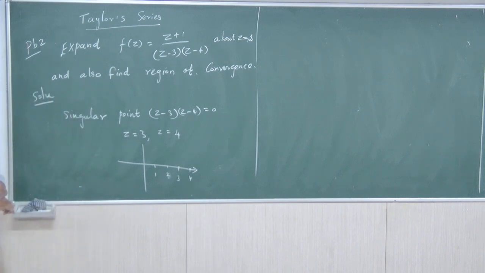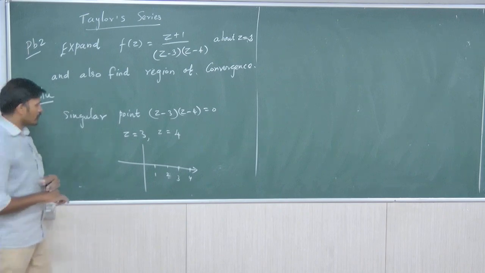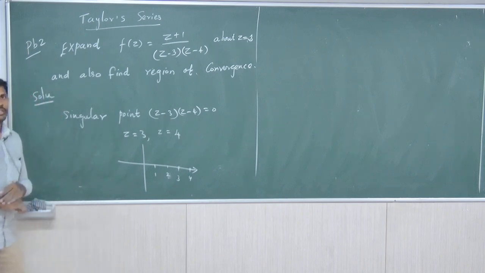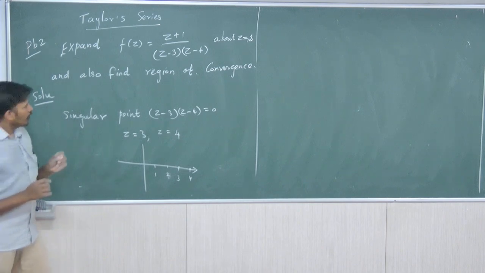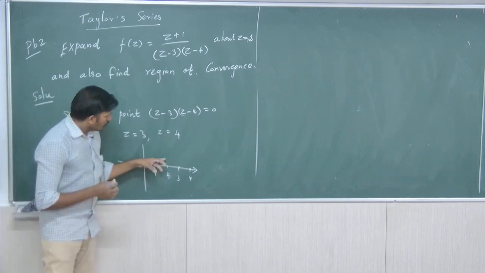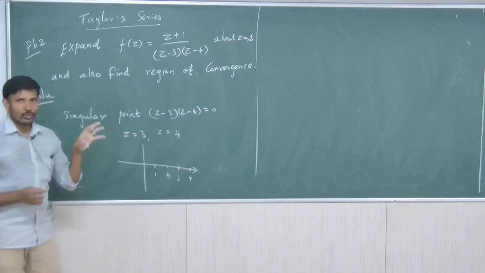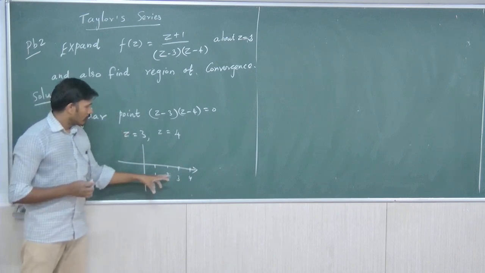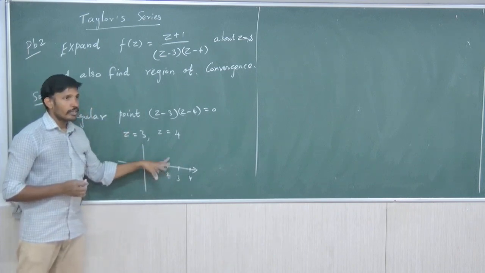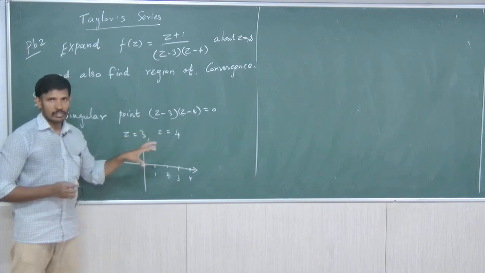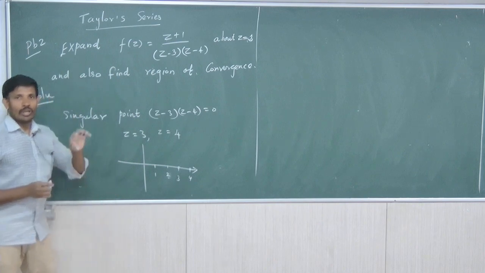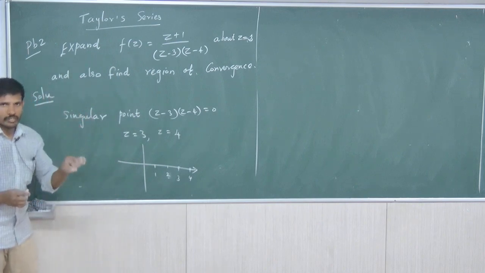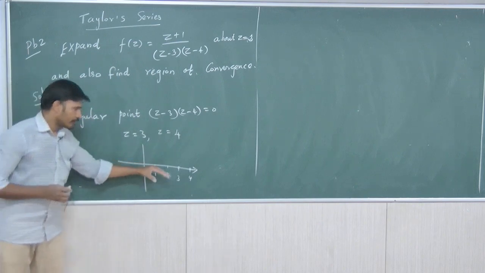So if you want to find the region of convergence, it is nothing but drawing a closed circle with center 2, and inside this closed circle the function should be analytic. So try to draw the circle here.